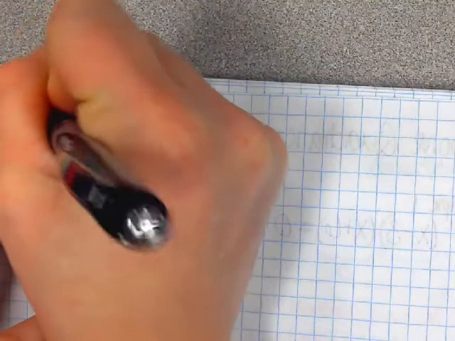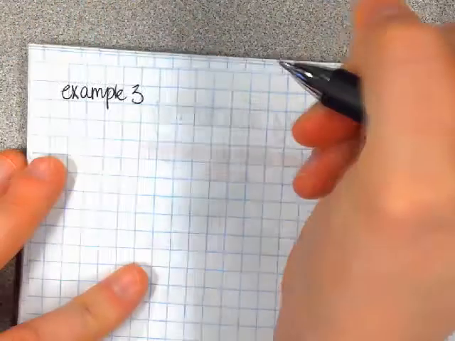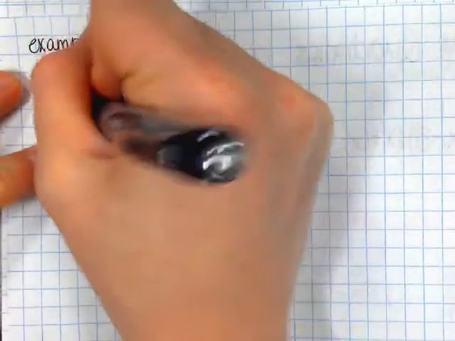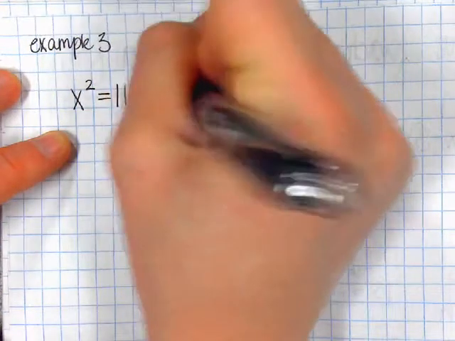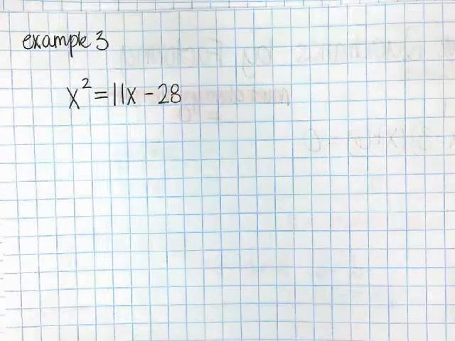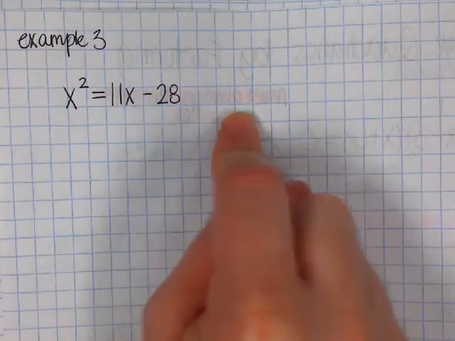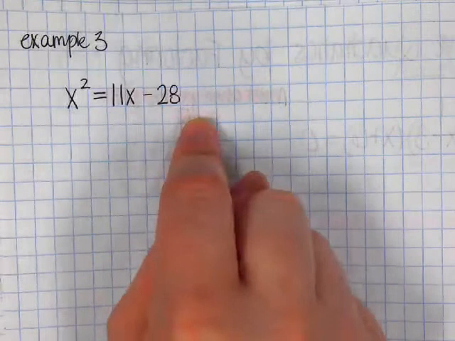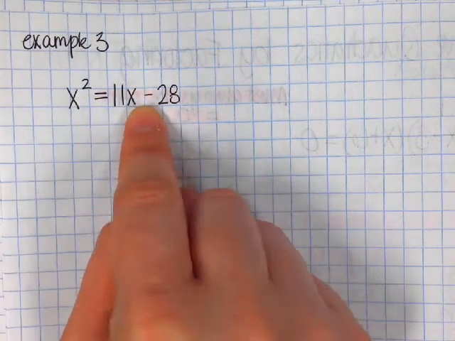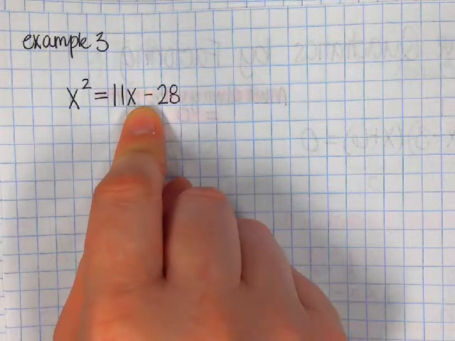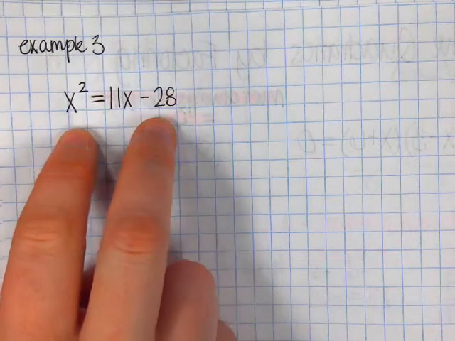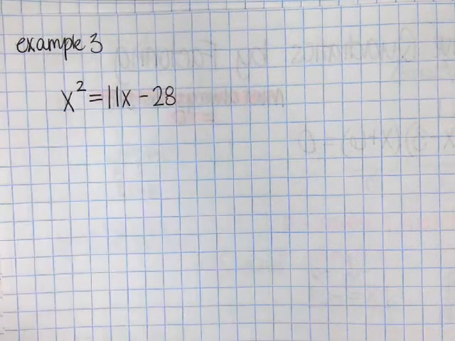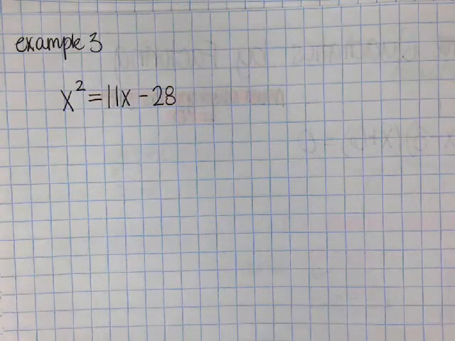Okay. The next kind, so it's example 3. So if we have x squared equals 11x minus 28. Now, remember that very first thing, it must always be set equal to 0. These equations, before you can solve them, they have to be set equal to 0. You can't type in two separate equations into your calculator.